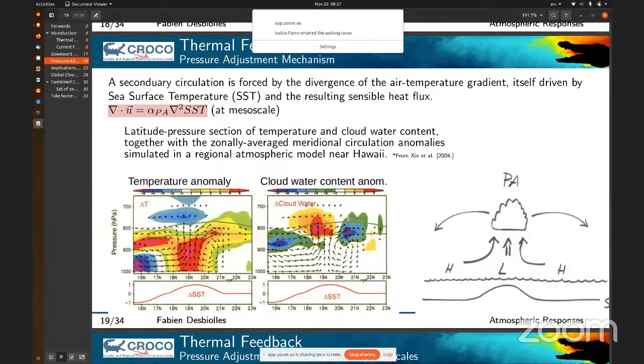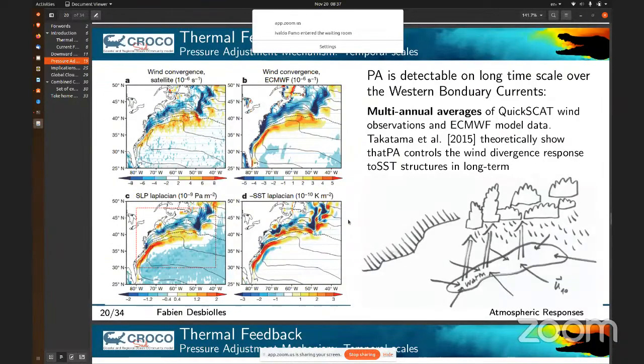These processes have been shown and are well detectable on long time scales. Here I show you, for example, results from Minobe, 2008.